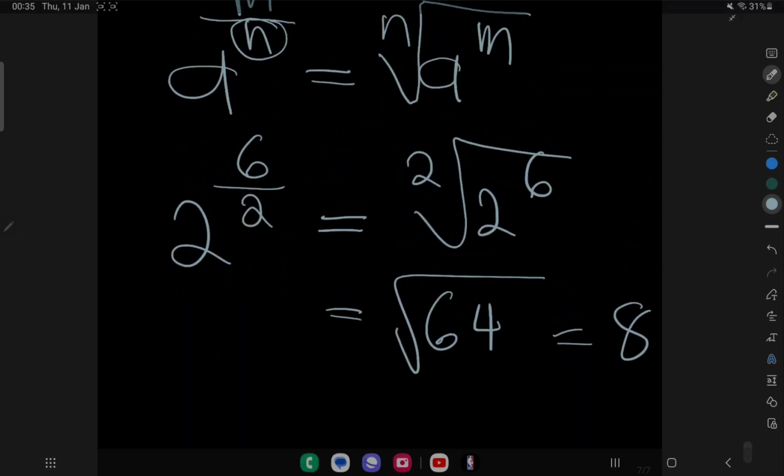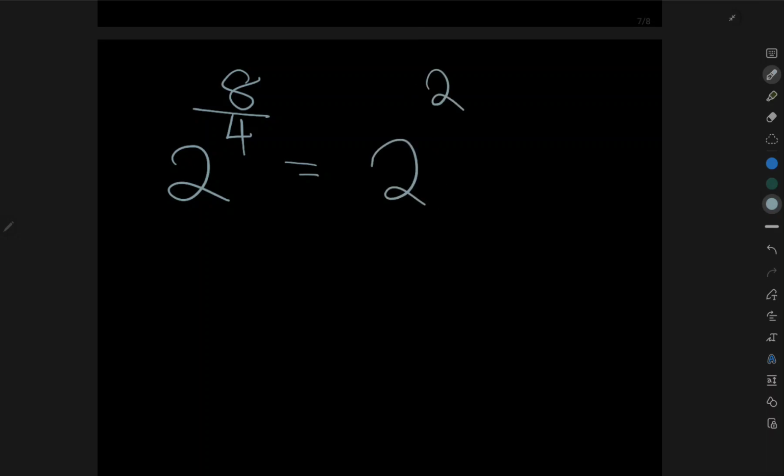Let's do another example so that you can better understand it. Let's say instead we had 2 to the power of 8 divided by 4, right? We know that will give us 2 to the power of 2, which is 4.